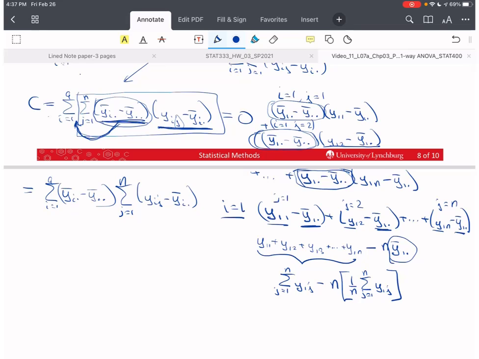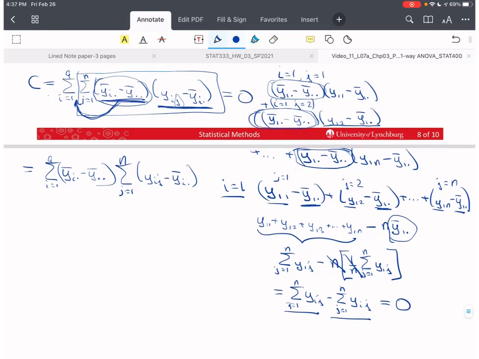We gave you that estimate in the previous slide. And so this n and this n cancel, and I'm left with the sum of y1j minus the sum of y1j, j equals 1 to n. This minus itself is going to equal 0. Okay? Now here's how we do this.